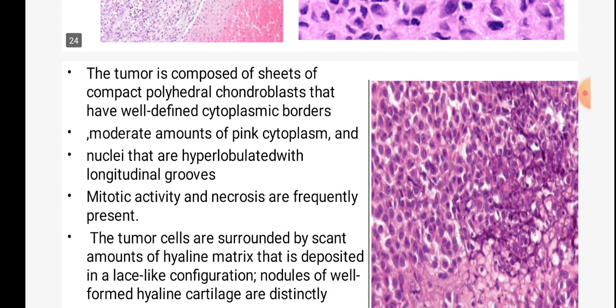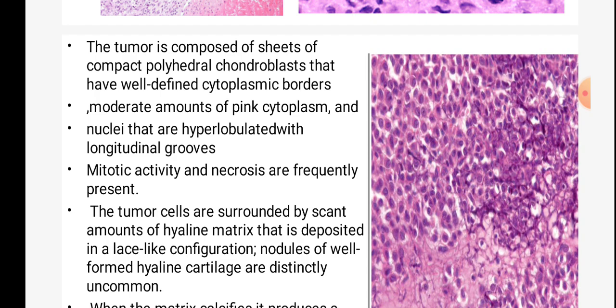The tumor is composed of sheets of compact polyhedral chondroblasts that have well defined cytoplasmic borders, moderate amounts of pink cytoplasm, and nuclei that are hyperlobulated with longitudinal grooves. Mitotic activity and necrosis are frequently present.